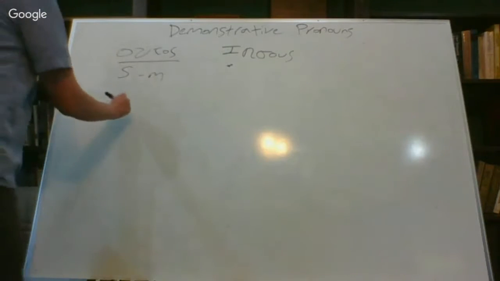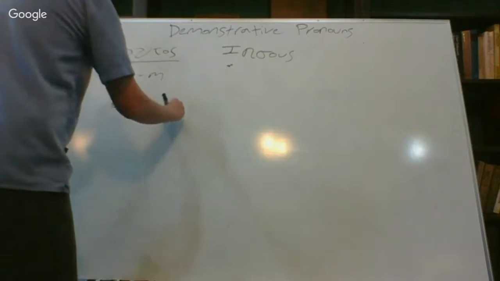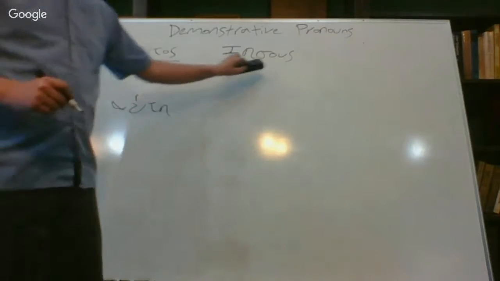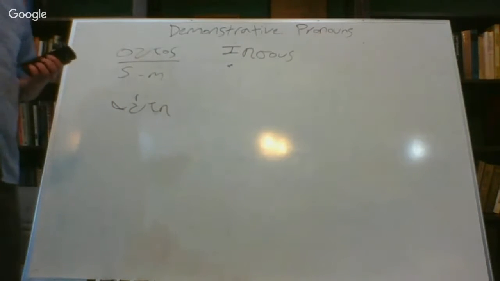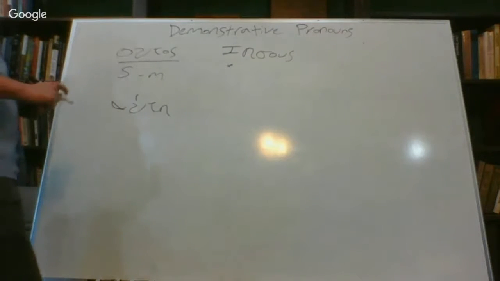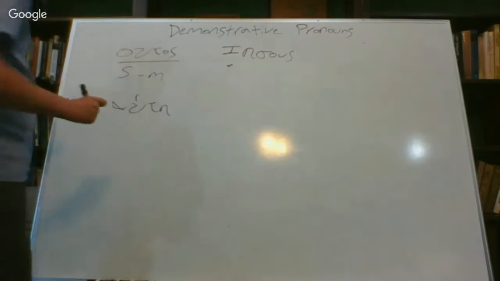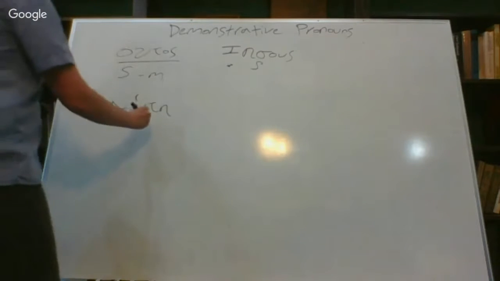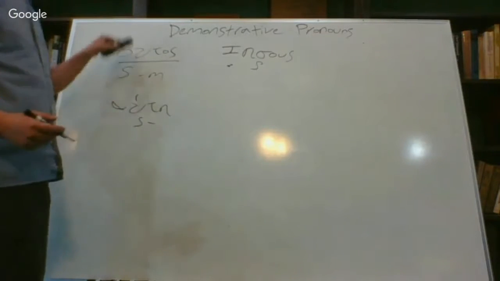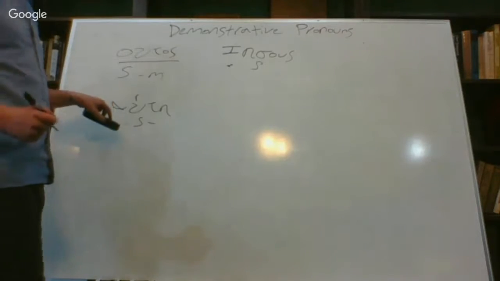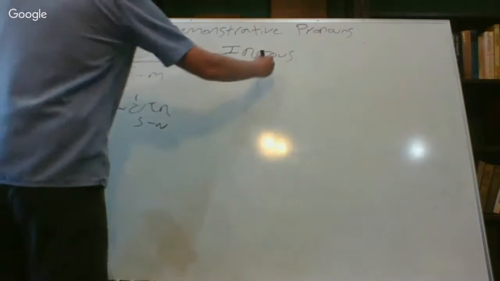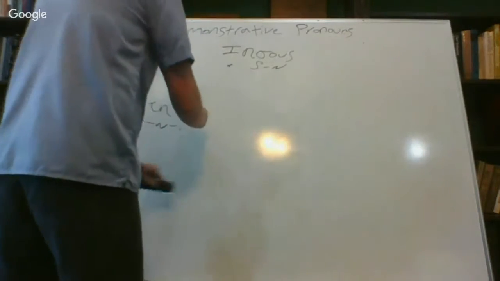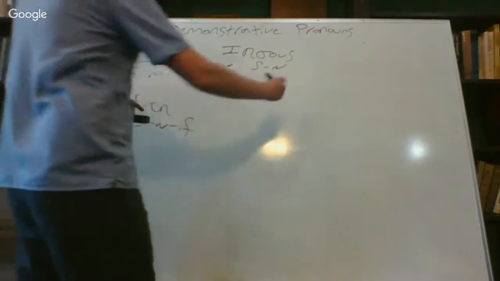You will never see haute modifying Jesus. Do you know why? It's not the same as numbers. Well, they're both singular. Case, number, gender. Well, it doesn't have to be the same case, but they are the same case here. But they are not the same gender. Haute is feminine, Jesus is masculine.